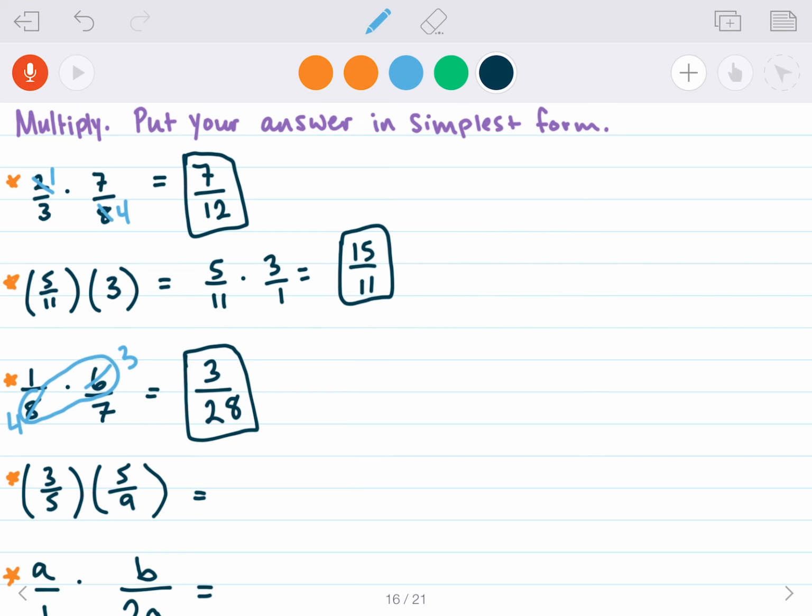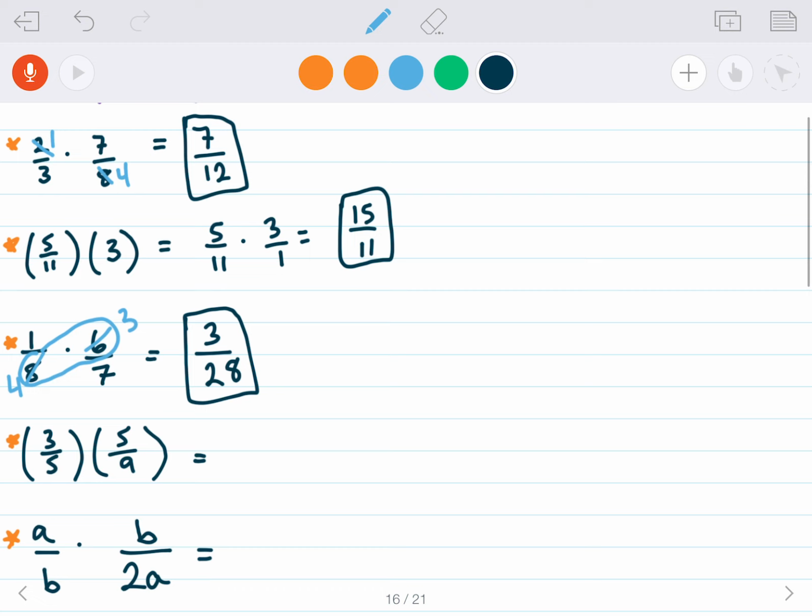Okay. All right, let's go ahead and do this guy. So we have 3 over 5, and we're multiplying by 5 over 9. I'm just going to write it like this so that we get a hang of this. All right. So looking at the diagonals, 5 and 5, yeah, these can both be divided by 5, right? So 5 divided by 5 is 1. 5 divided by 5 is 1, right?